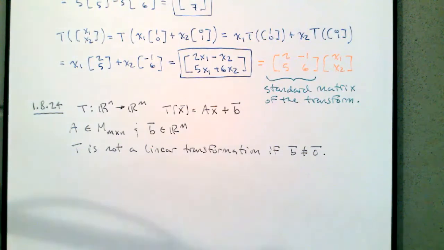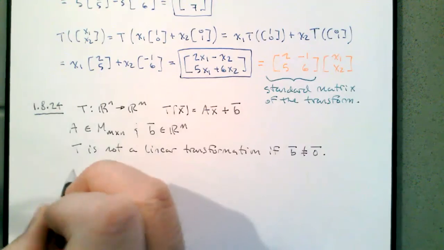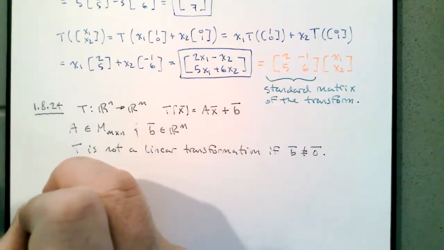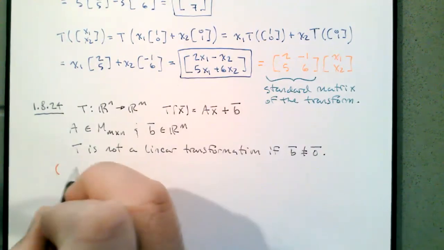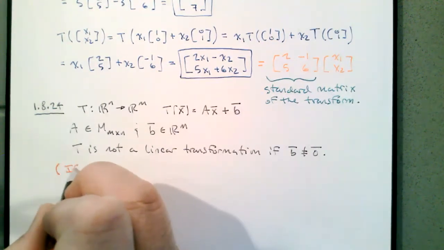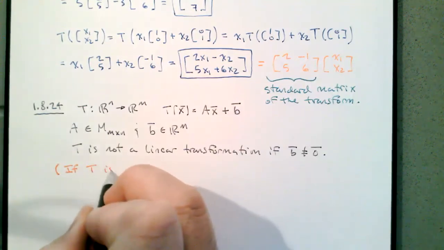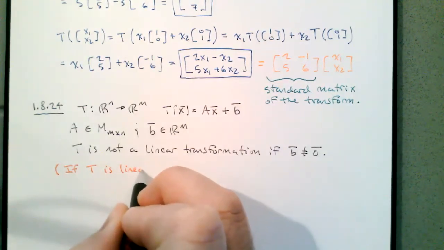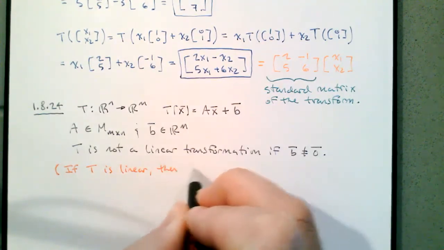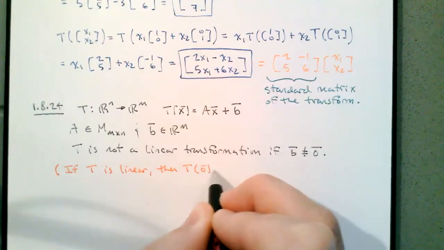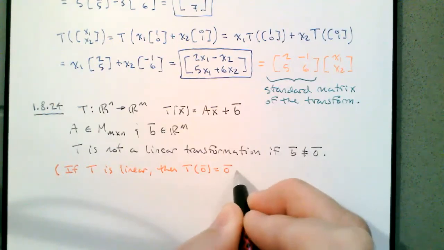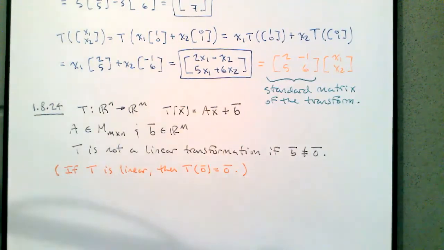So here's one of the things that we can use. If T is linear, then T of 0 has to equal 0.